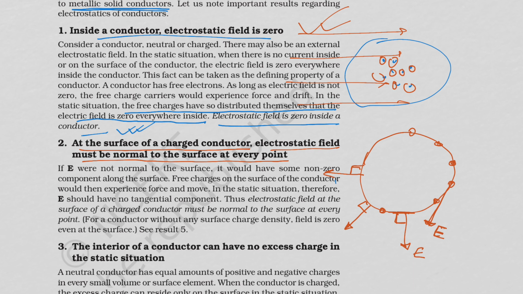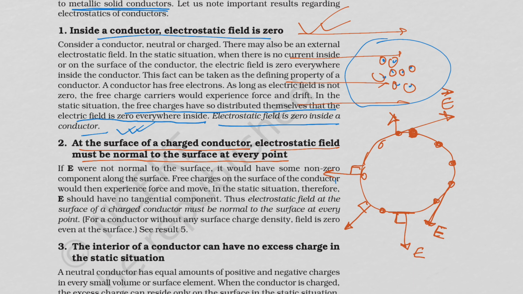So when the charges are static, and if we think about any other direction of electric field, suppose the tangential direction, it simply means this electric field will exert some force on the charges on the surface of the conductor.